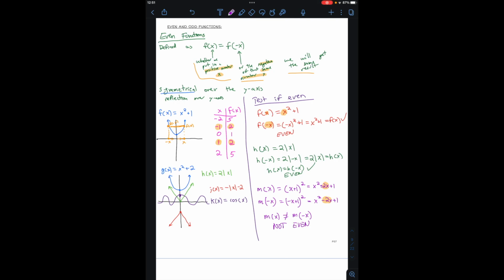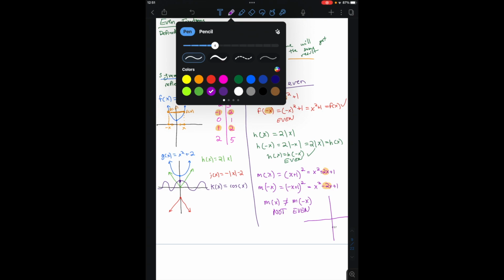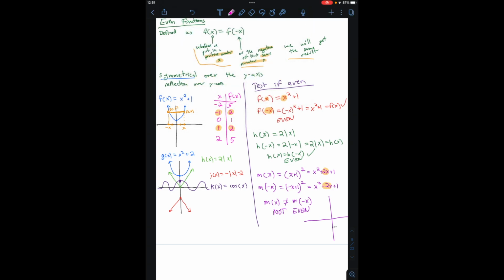And if we look at that on a graph, draw a little graph down here, x plus 1 squared shifts our parabola, our parent function x squared, left 1 unit, so we'd be over here. And you can see, well, that's not symmetrical over the y-axis. Not symmetrical over y-axis.